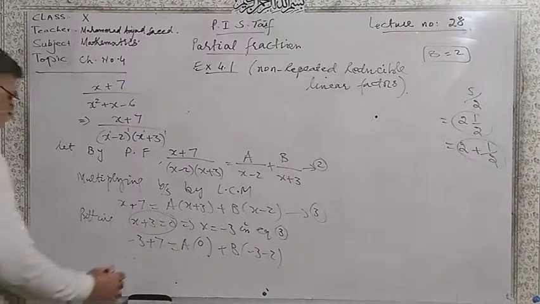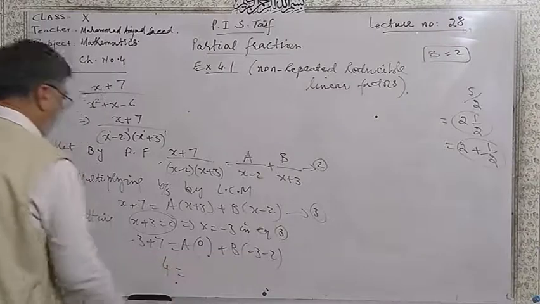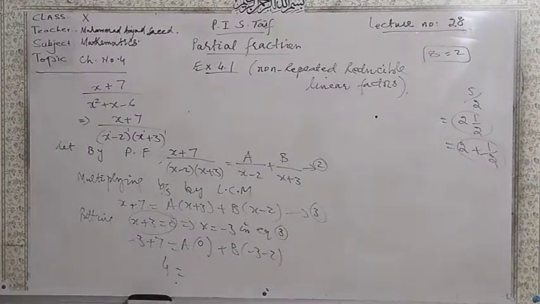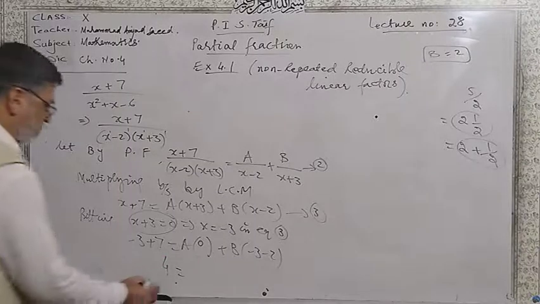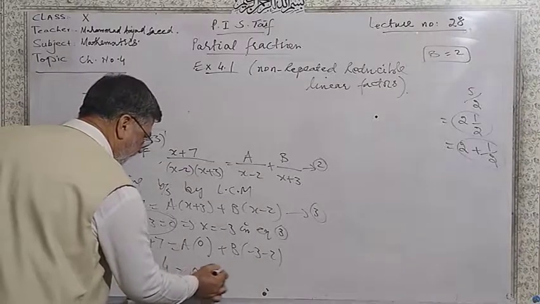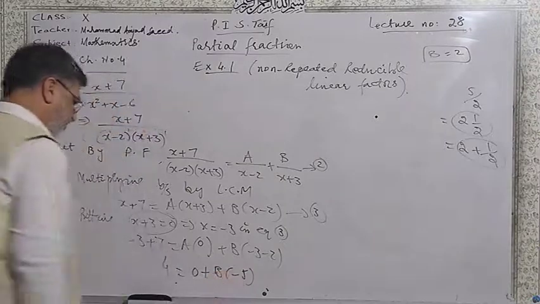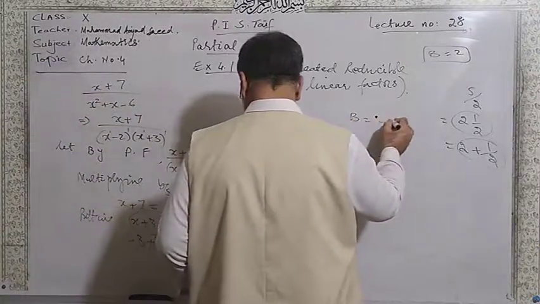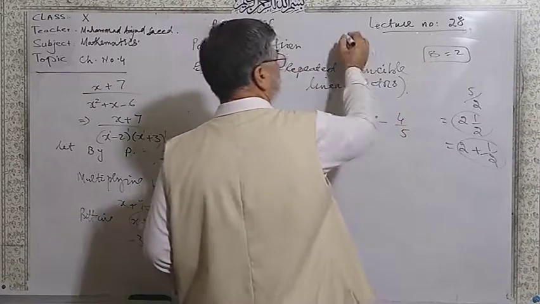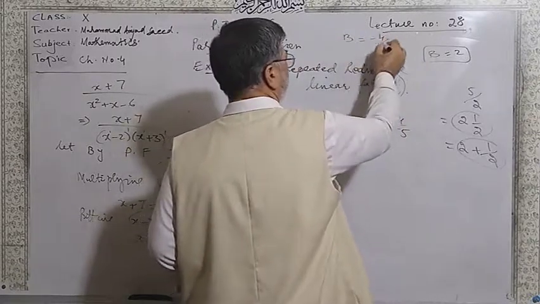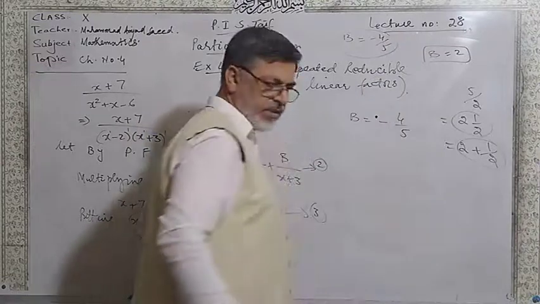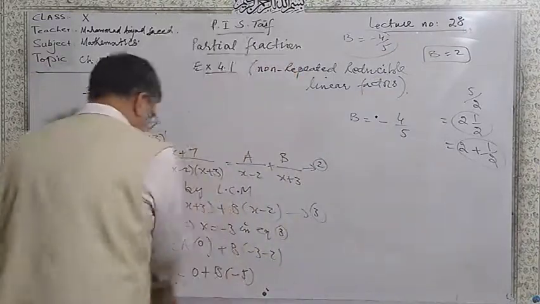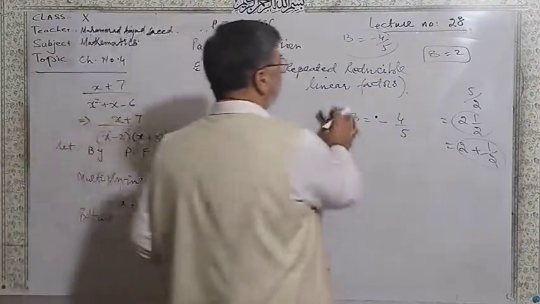So we have 4 is equal to 0 plus b into minus 5. B will be equal to minus 4 over 5. That is the value of b.